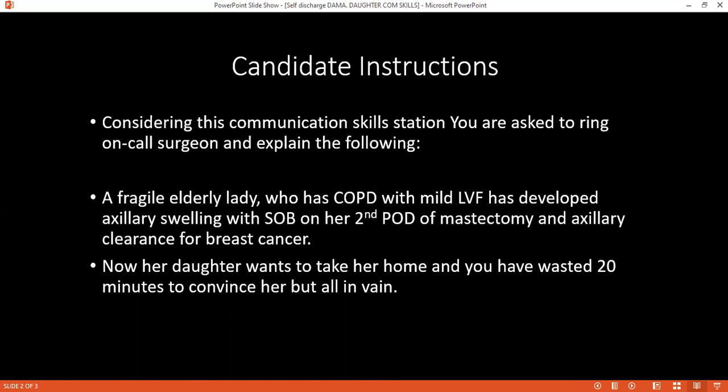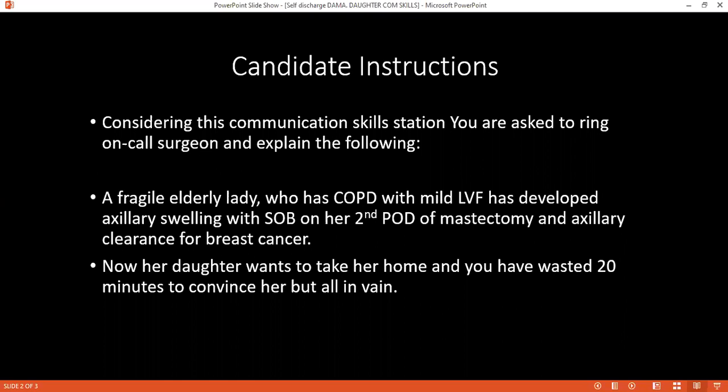Incidentally, the patient requires to be admitted in the hospital, but the daughter wants to take her home. I've advised the daughter against taking the mother home, but she insists that she wants to take her mother home.